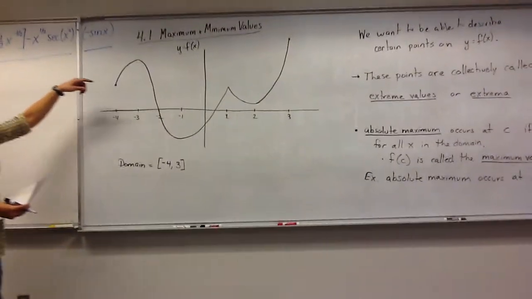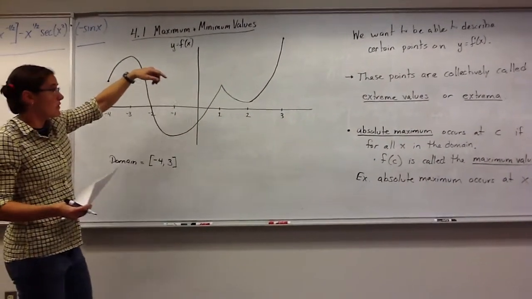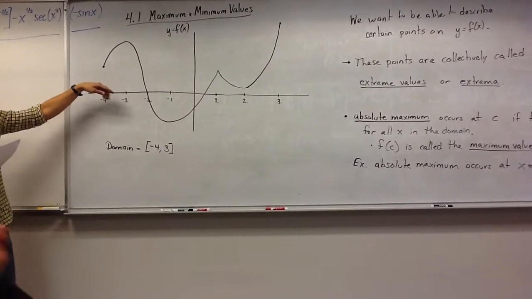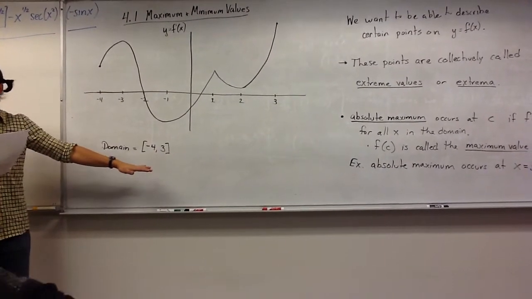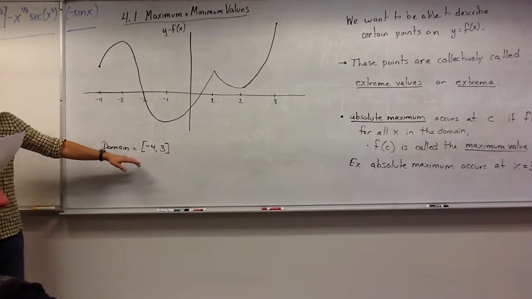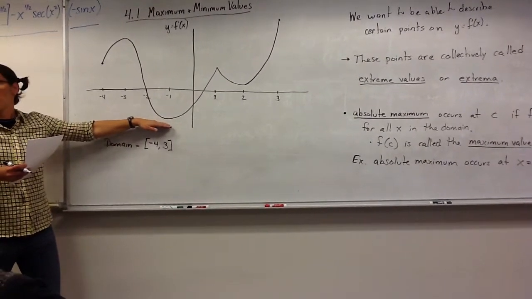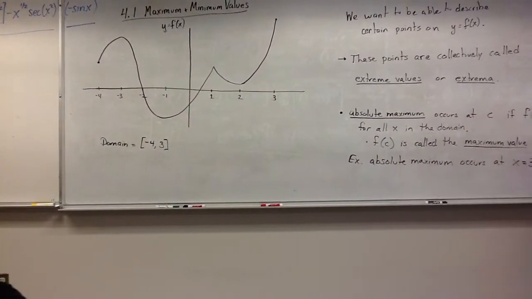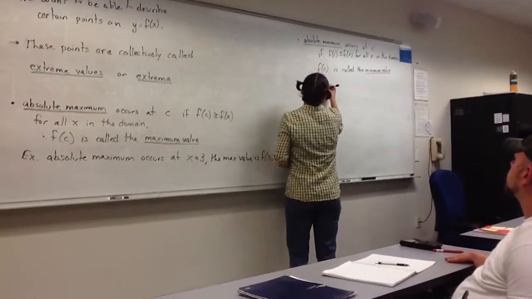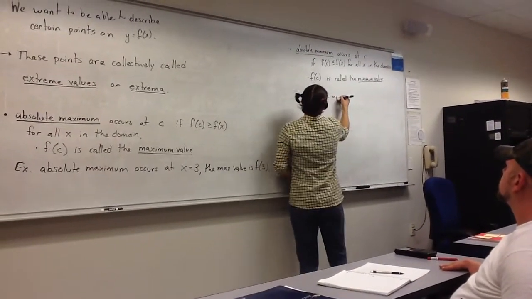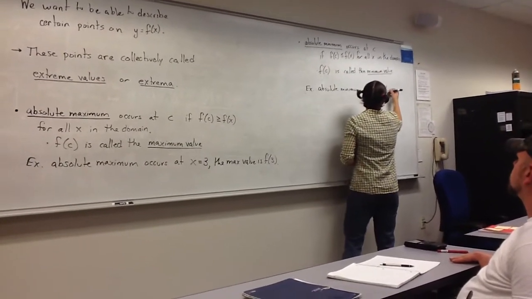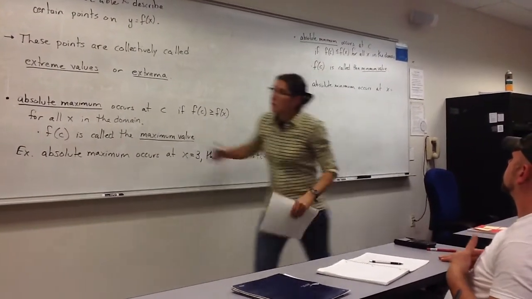All right, so in our example, we're looking for an absolute minimum, which is going to occur at an x value where the corresponding y value is the smallest of all the y values that are achieved. In this case, that means the lowest point on our graph. So the absolute minimum occurs at the bottom of our bowl.